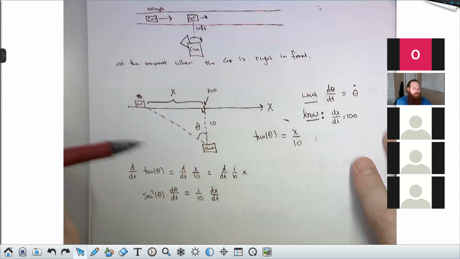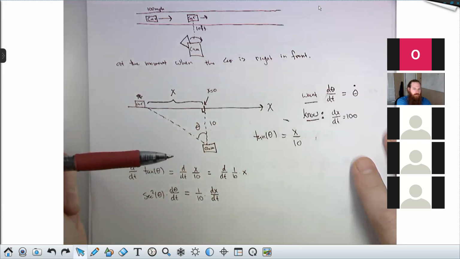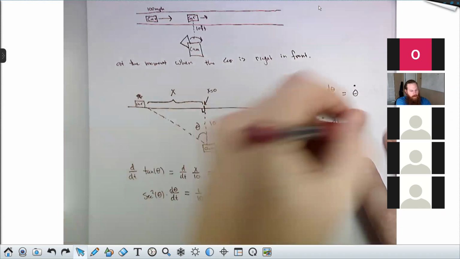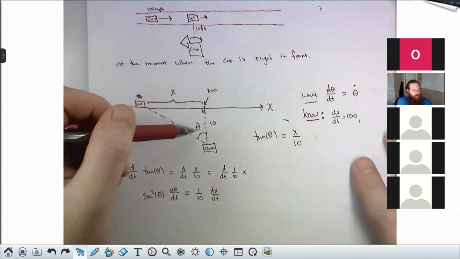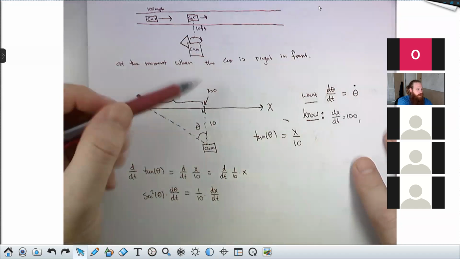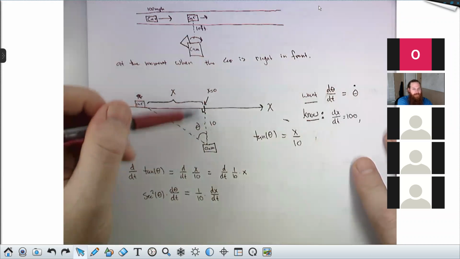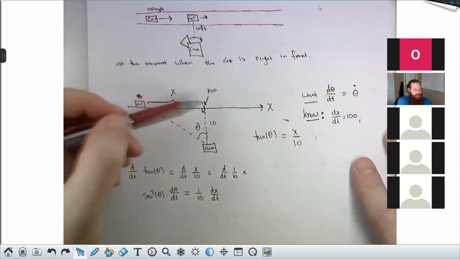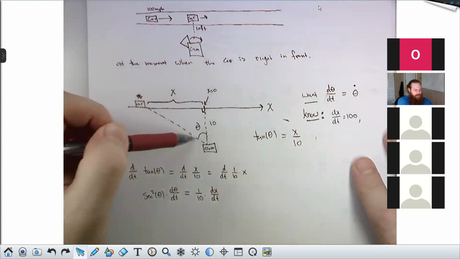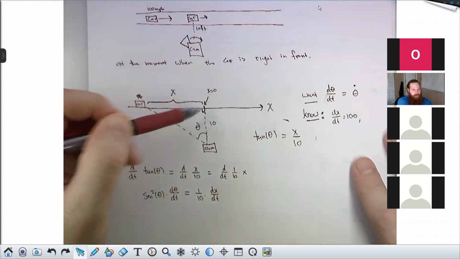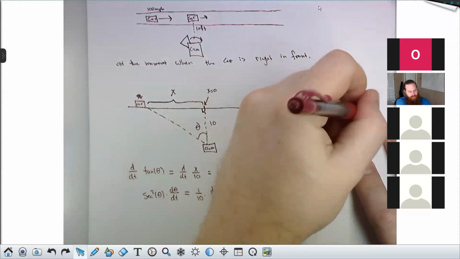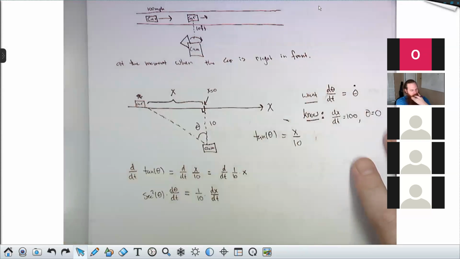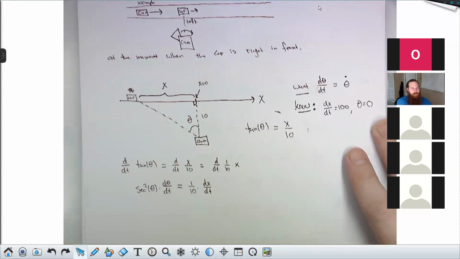That's my increasing x direction. And at the moment where theta is 0, I'm sorry, I gave it away. At the moment when the car is in front of us, theta is 0, right? When the car is right here, this line is pointing right here. So we can plug these things in.